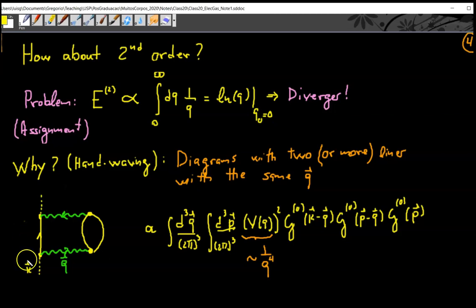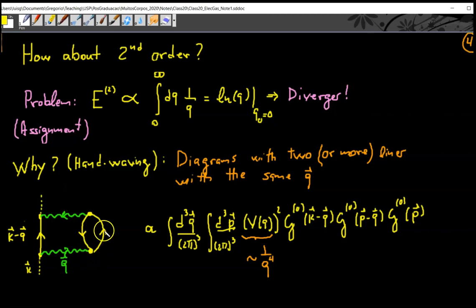Okay, so a diagram like that, say I enter with k here in this dotted line, and this is one of the diagrams into the proper self-energy, right? This is a disconnected diagram, and there's this propagation line here. If I assign q going that way to this interaction line, what I have here would be k minus q, and this line. Then one of these lines is entering this vertex, say this one, and the other one is leaving.